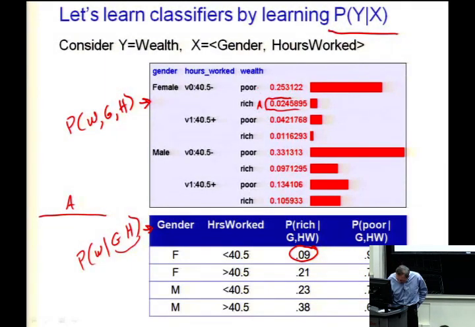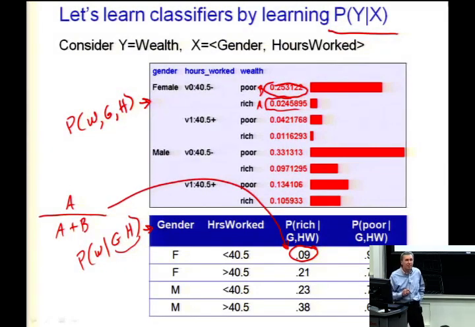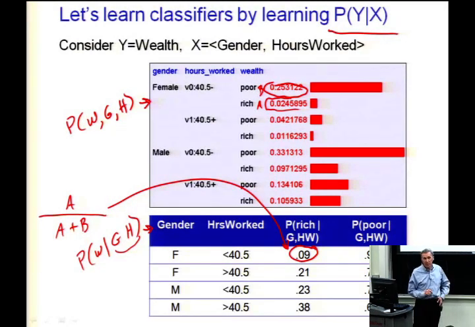And that, of course, would be A plus B. And that'll give us this number, right? So that's just what we talked about last time. And just to remind you just how simple it is to calculate these conditional terms from the joint distribution.